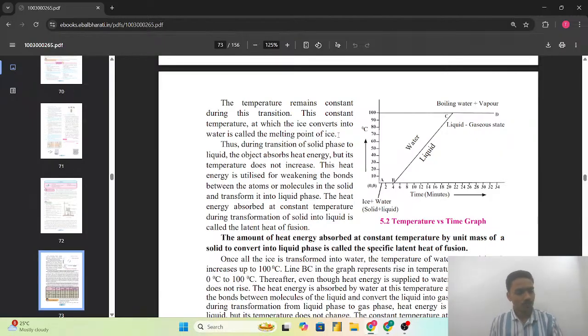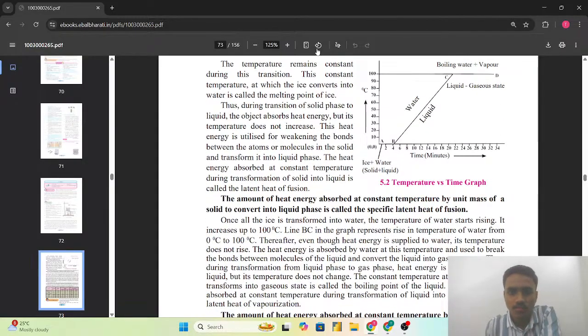From this experiment, we understood that we have to plot the graph of temperature versus time. Here in figure 5.2, the graph of temperature versus time is plotted. The temperature scale is marked in terms of 10, 20, 30, 40, 50 degrees Celsius up to 100.